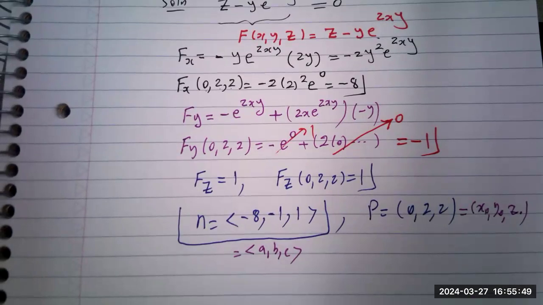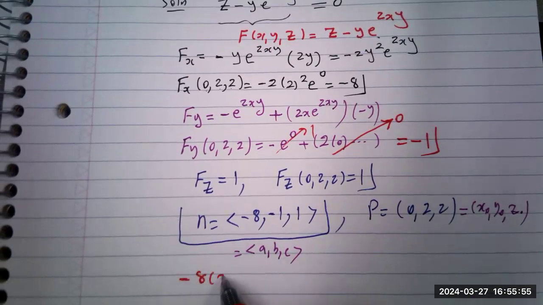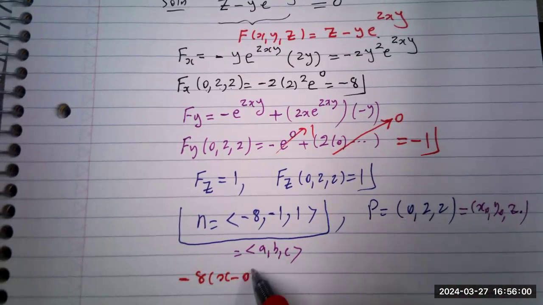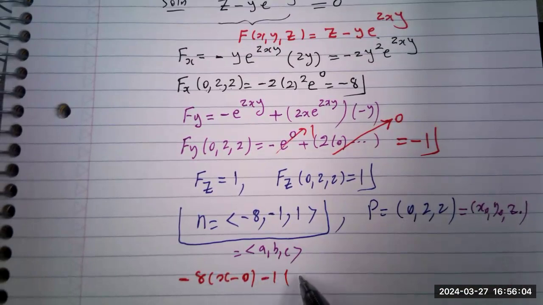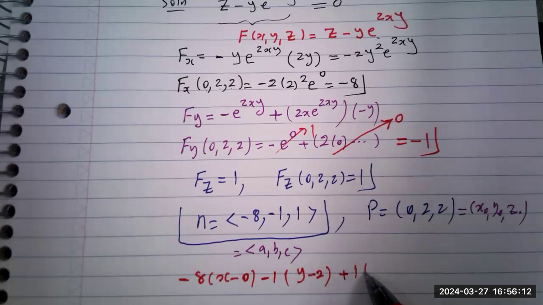Equation of the plane: a is -8, so -8 times x minus x0, and x0 is 0, plus b, which is -1, times y minus y0, which is 2, plus c is 1, times z minus z0, which is 2, equal to 0.